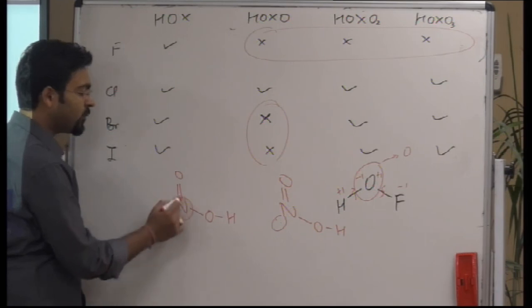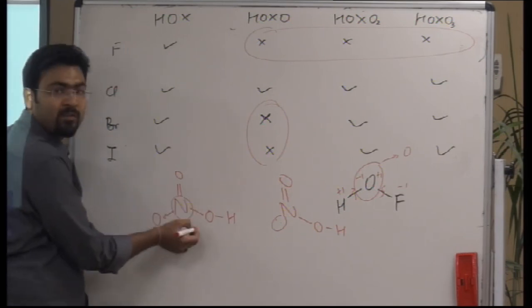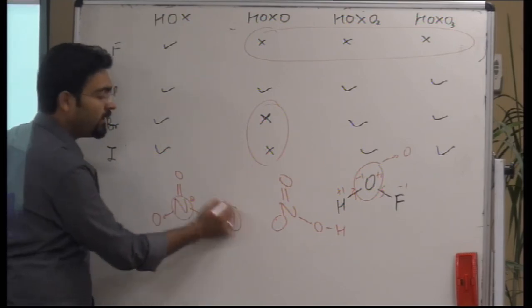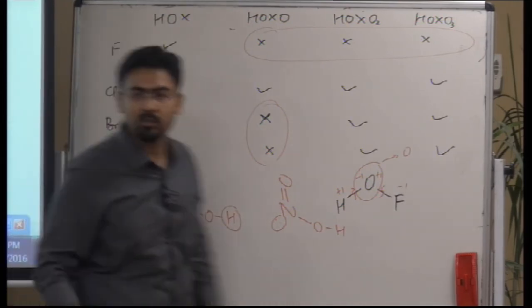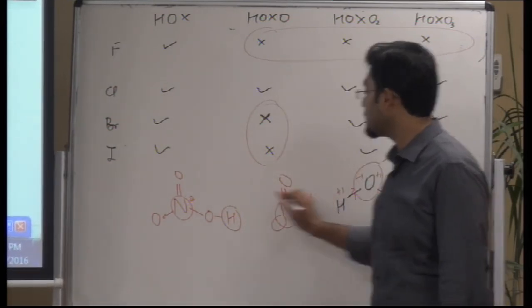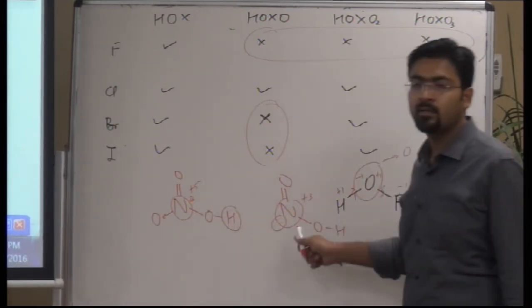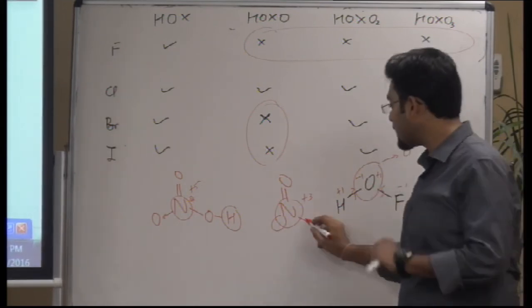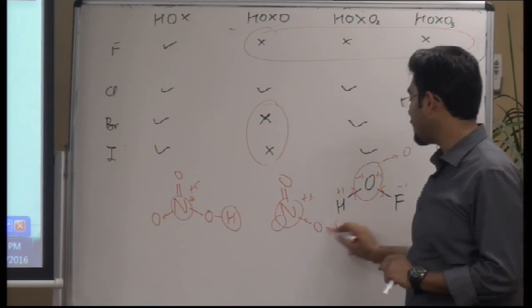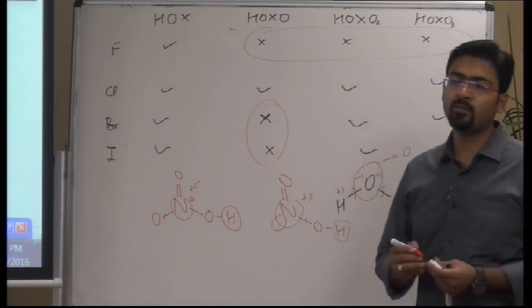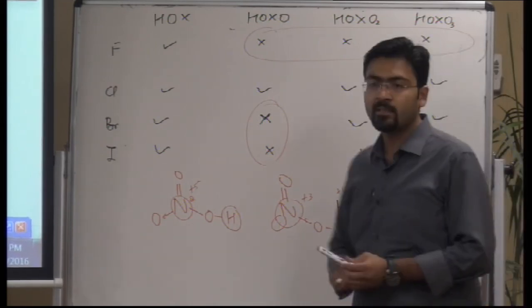Here nitrogen is bonded to the oxygen atom, having +5 oxidation state, will be more electronegative, and thereby will ease the removal of H+ from here. This nitrogen is in a lower oxidation state, so it is less electronegative, will pull the electron less, and thereby this H+ will not be removed so easily as in the case of HNO3. So that's why HNO3 is more acidic than HNO2.